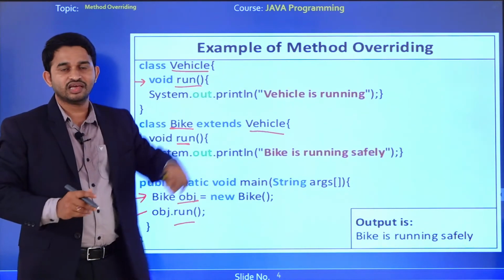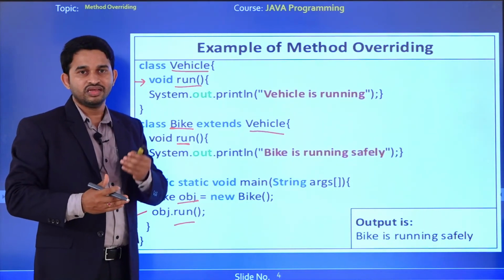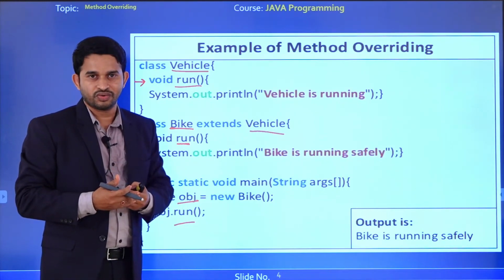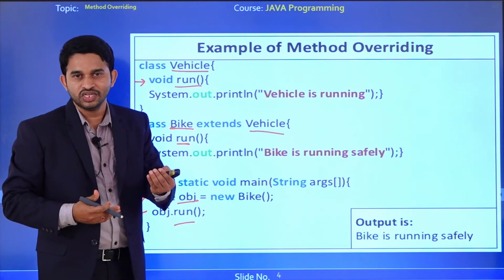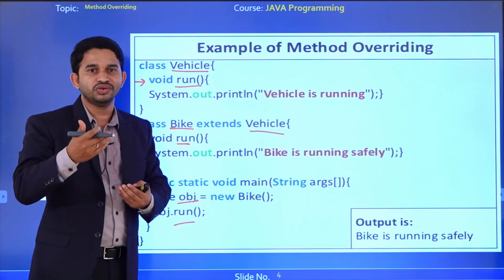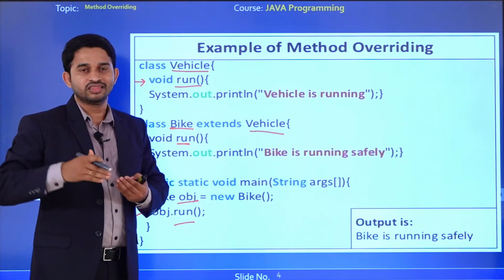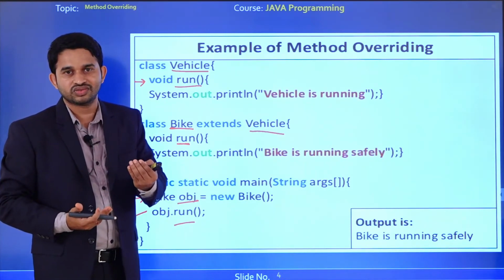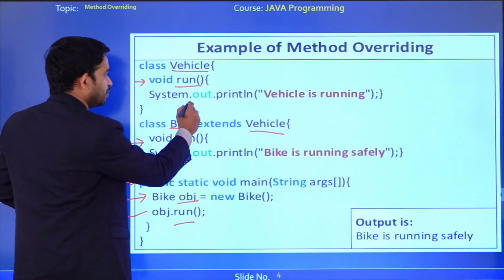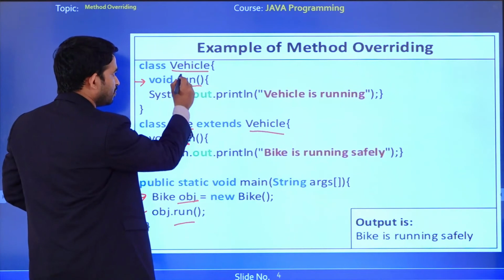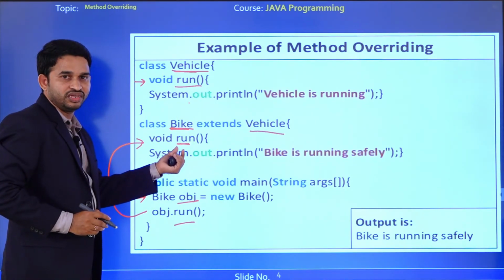That is the beauty of method overriding. The same thing happens in real life when we use a Word document. For example, the Word document contains some data. Now we change the existing data and replace it with new data. If we save the new document, it will provide the present data, and the previous data is overridden. That is the meaning of overriding. In method overriding, the implementation of Bike is available and the implementation of Vehicle is available, but now we implement the same method in a different way.